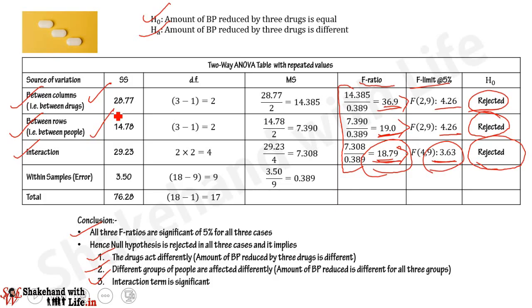So this is the way we conclude about a problem, or how we test the null hypothesis for two-way ANOVA when we test the null hypothesis for two factors like the drugs and the group of people.